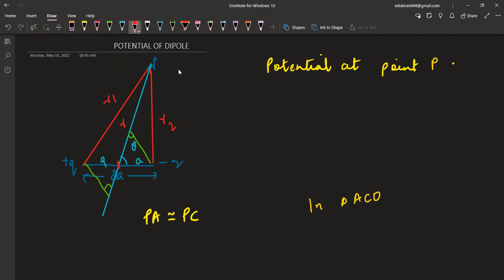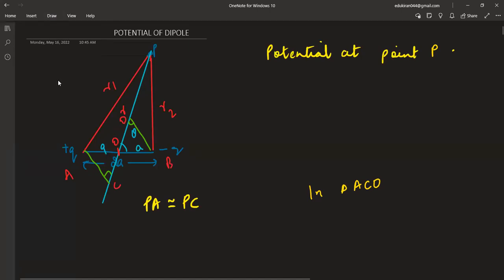Let me name the points: this is P already, make this C, this D, this B, this A. This is the center. You have to remember this figure. The rest of the derivation you will be able to manage using basic trigonometry. In your exam also, remember this diagram and just the initial steps. After drawing this exact diagram, you will be able to start well.